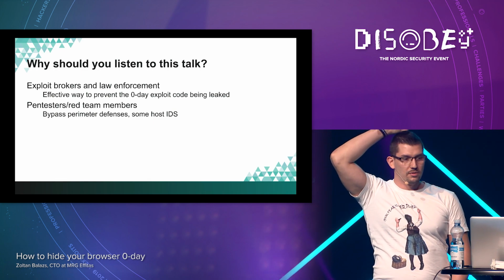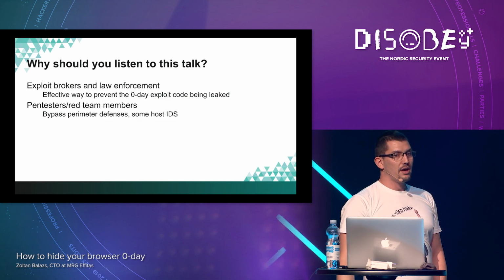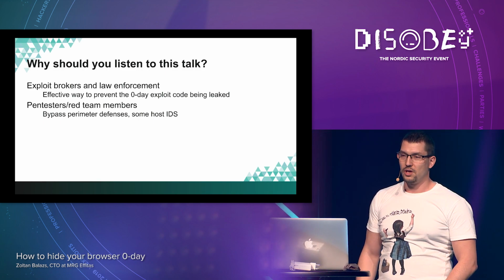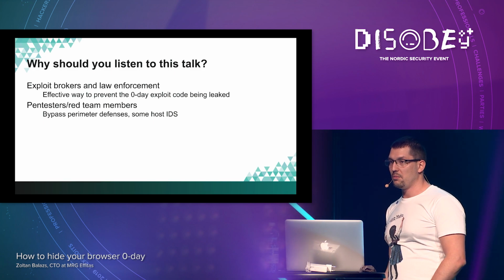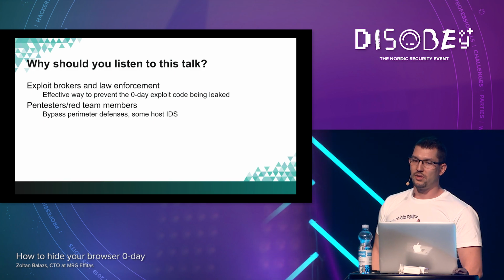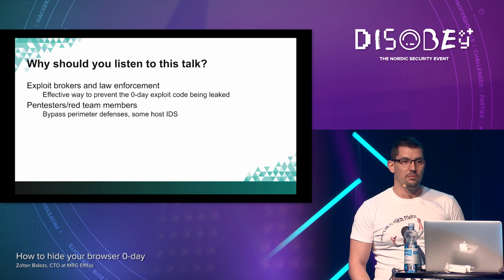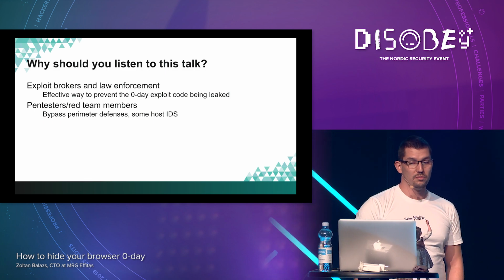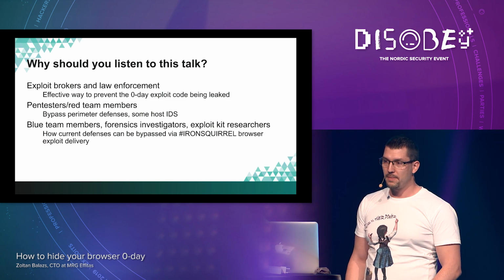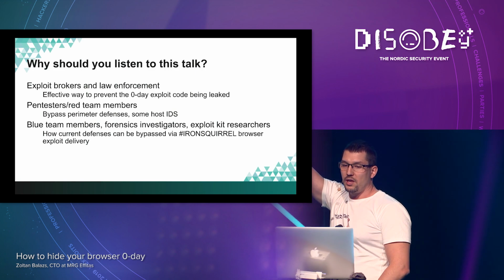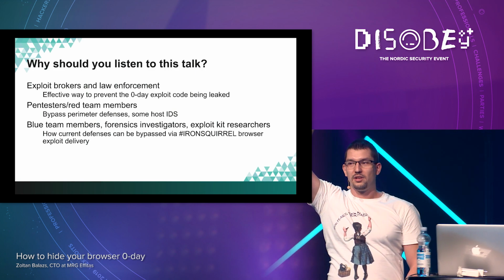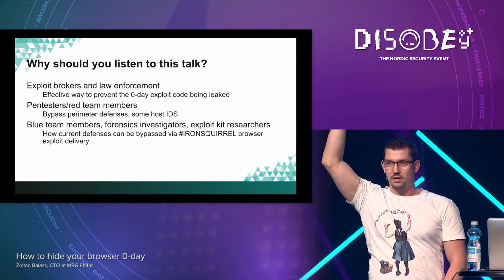If you are a pen tester or red teamer, hands up. Okay, a lot more. So for you guys, I'm going to show you a technique which you can use to bypass perimeter defenses if you are using exploits, and it might be able to also bypass some host-based IDS systems. If you are in blue team, forensic investigation, exploit kit researcher, hands up.